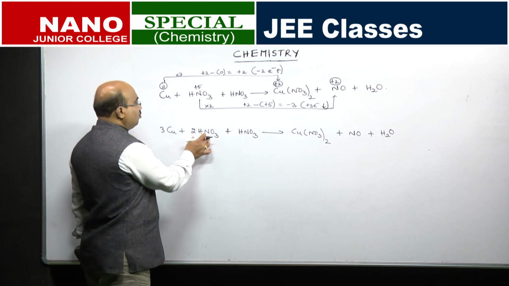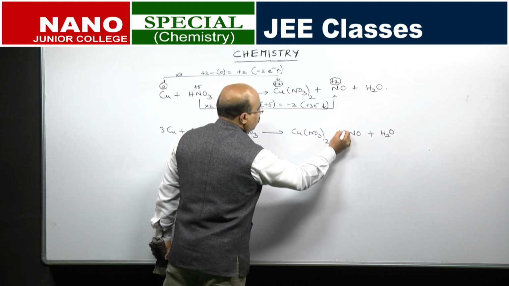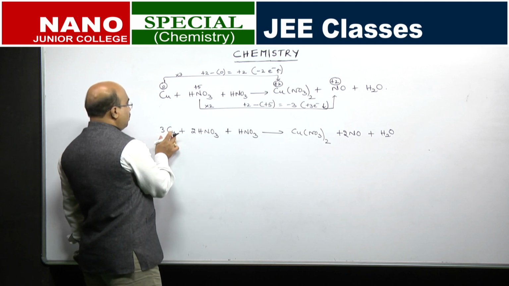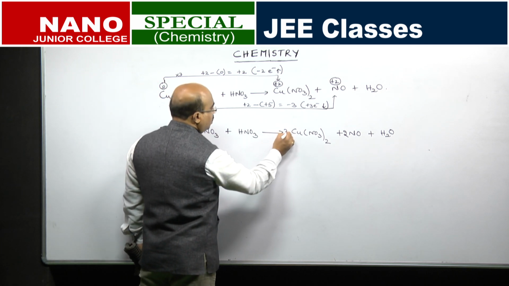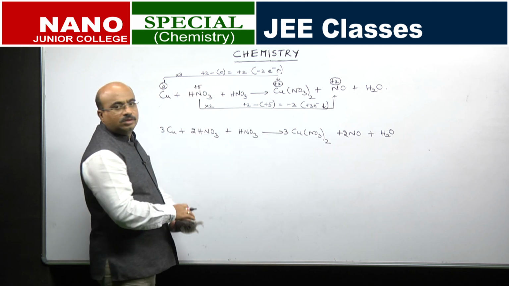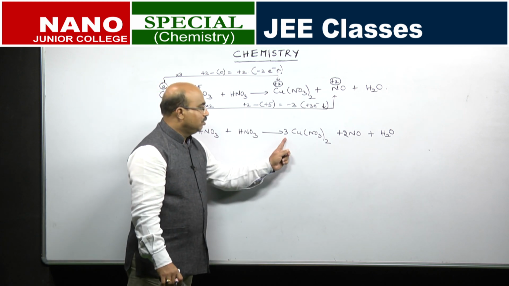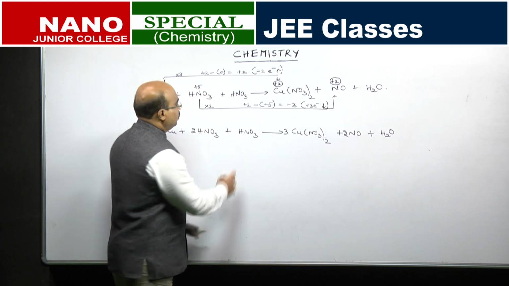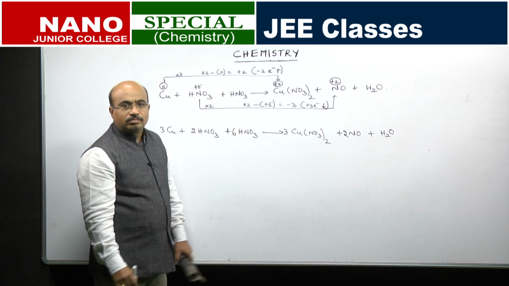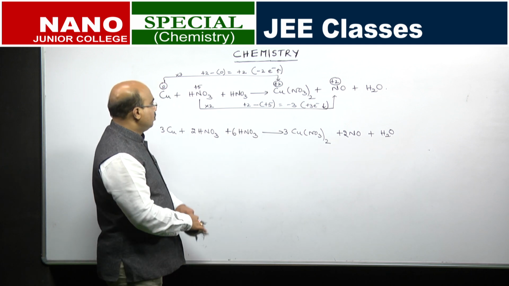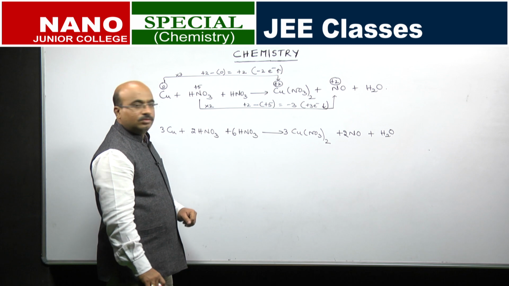Now, these nitrogens which are changing are 2, this has to be 2. This copper which is changing has to be 3, this is 3. Now, left out is nitrogen 6, write 6. Now, hydrogens 2 plus 6, 8, so 4.